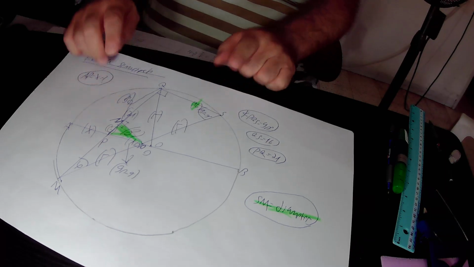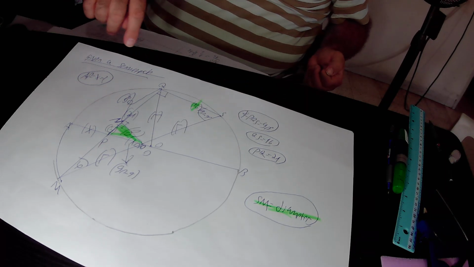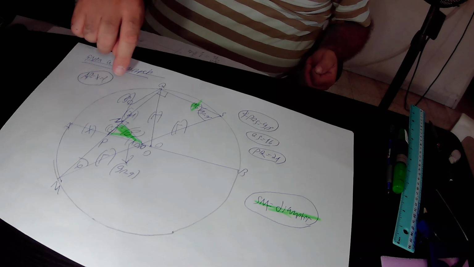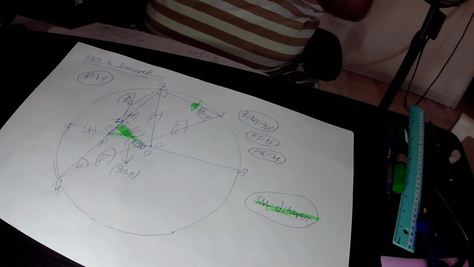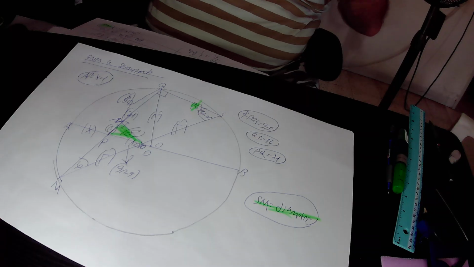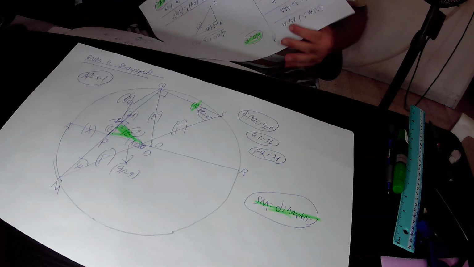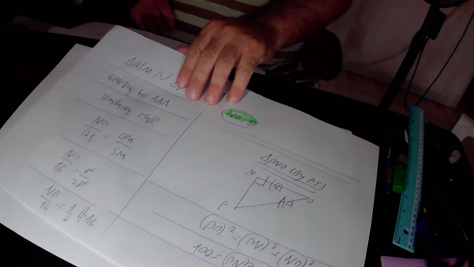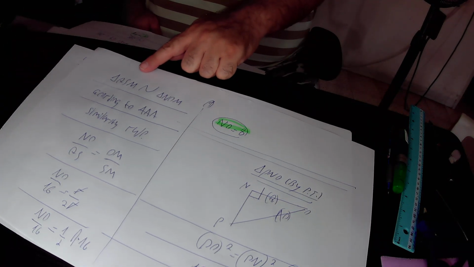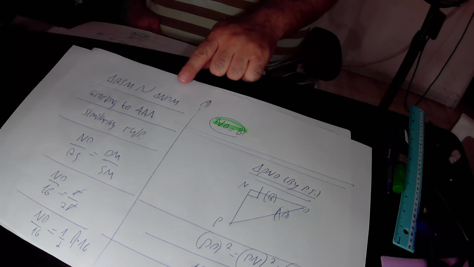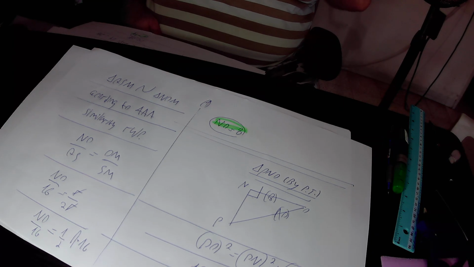And finally, those two angles are both equal to 90 degrees minus alpha, and therefore they are equal to each other. So we find that all the angles of the big right triangle QSM are correspondingly equal to all the angles of the small right triangle NOM. And therefore those two right triangles are similar to each other according to the angle similarity rule. So to repeat, the big right triangle QSM is similar, this is the sign of similar, to the small right triangle NOM according to the angle similarity rule.